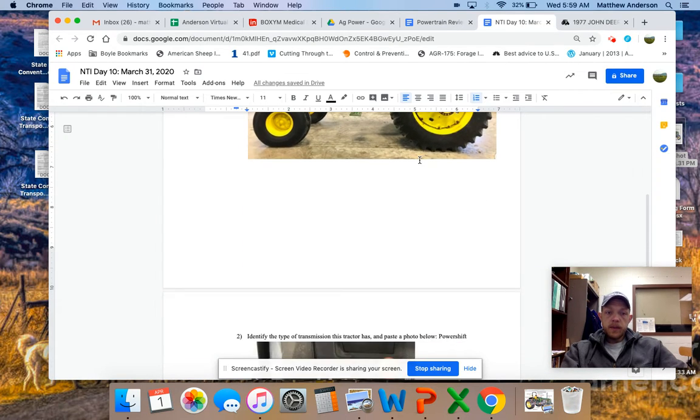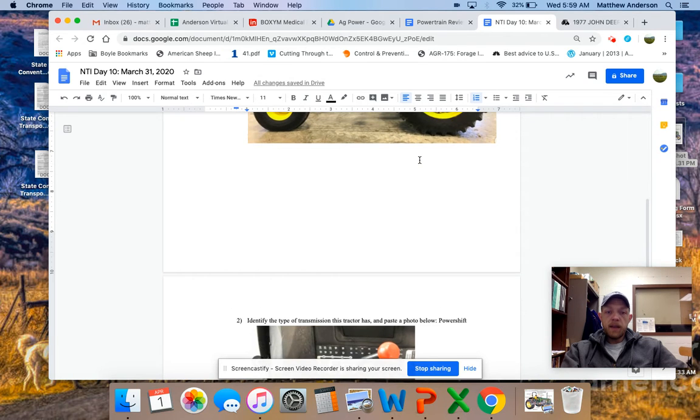Number two asks us to identify the type of transmission that this tractor has and paste a photo. Now, we obviously need a picture of the interior of this tractor, or if you're looking on Google, I would take a picture of the actual transmission housing, but you have to be sure it's the right one. Looking at the housing isn't going to tell you if it's a power shift, a straight gear shift fork, or a synchronized transmission.